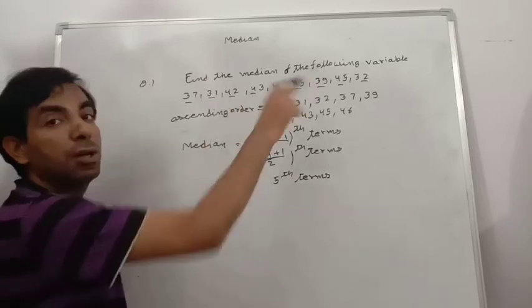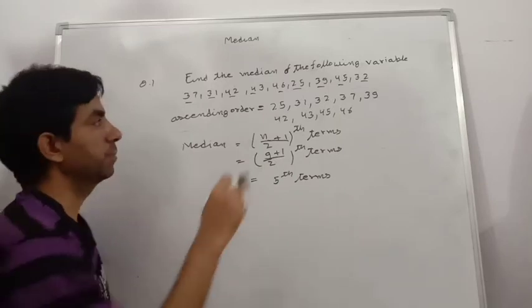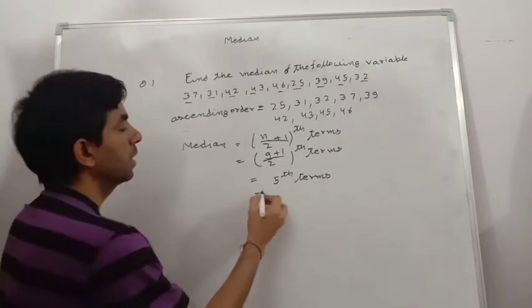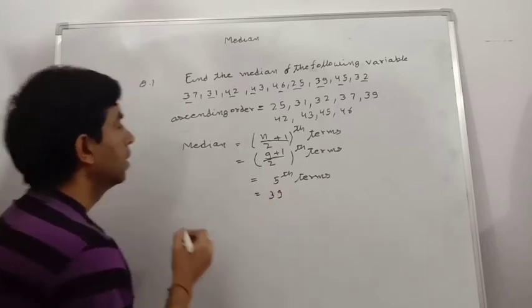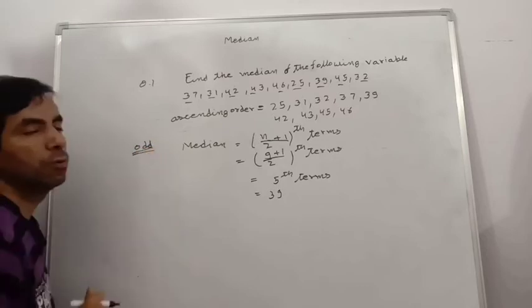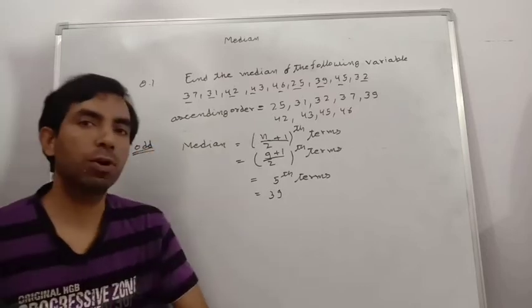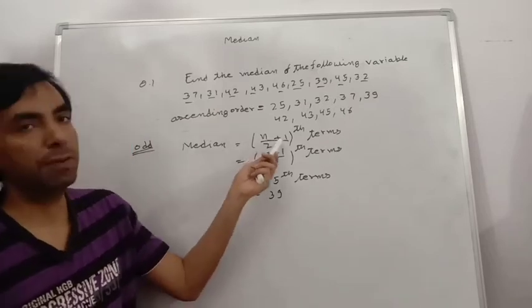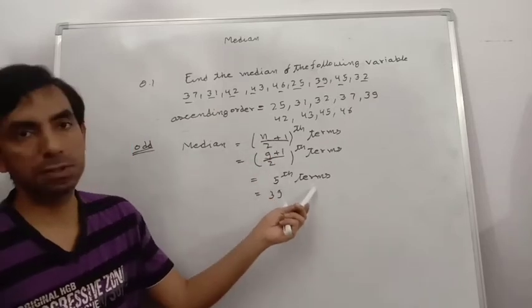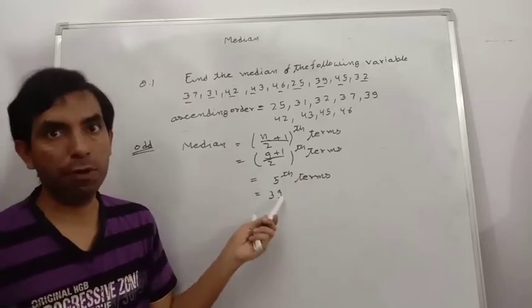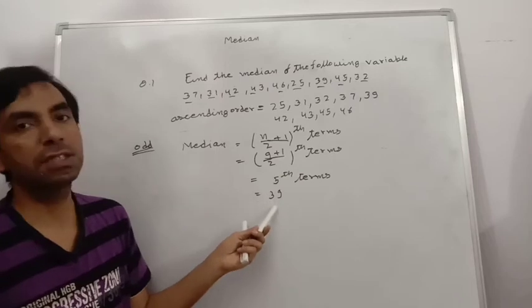So check in ascending order what the fifth term is: 1, 2, 3, 4, 5. The fifth term is 39. So for an odd number of values, the formula is the (n plus 1) upon 2 th term. This th term gives the position of the value, and the value is 39. Always remember that in finding the median, the (n plus 1) upon 2 th term is only the position, and the value is 39.